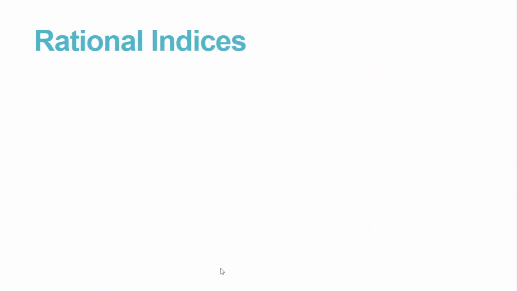Okay, next we have rational indices. So when we have a raised to 1 over n, that's where you now have the rationals. Let's say we have x raised to 1/2.